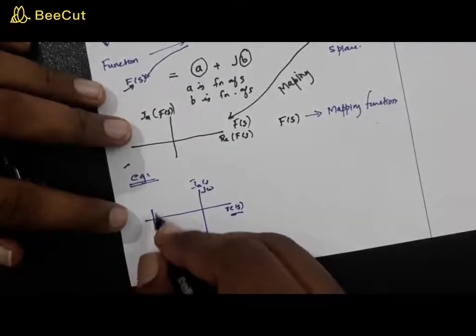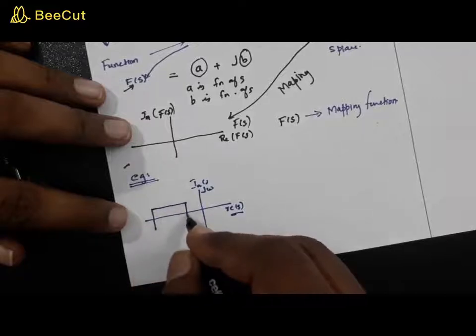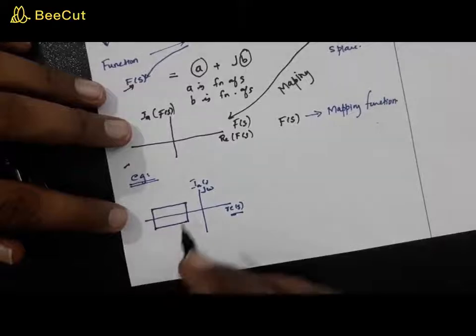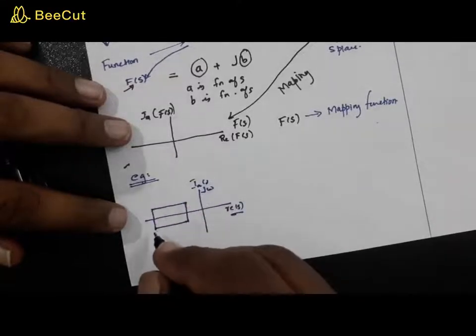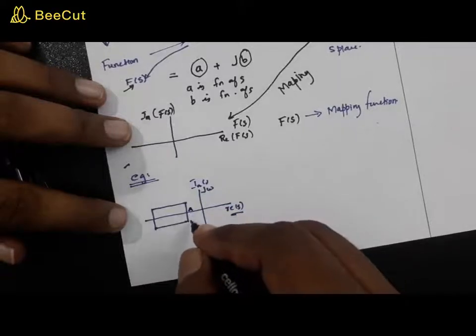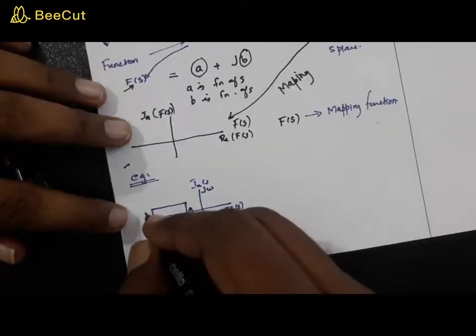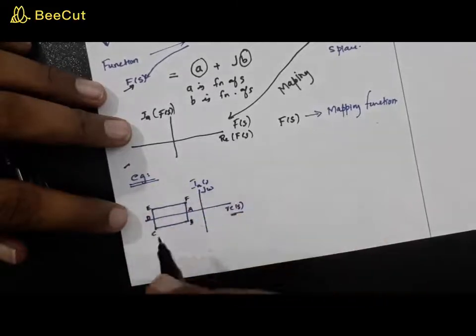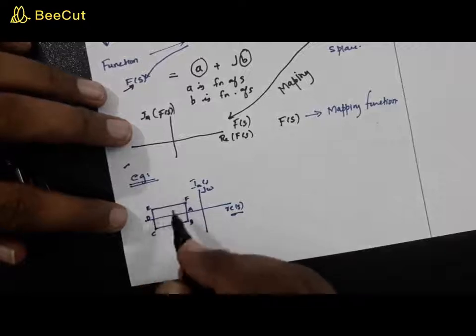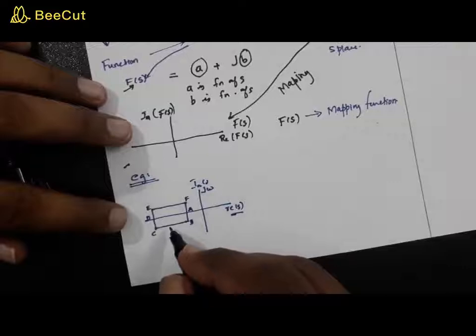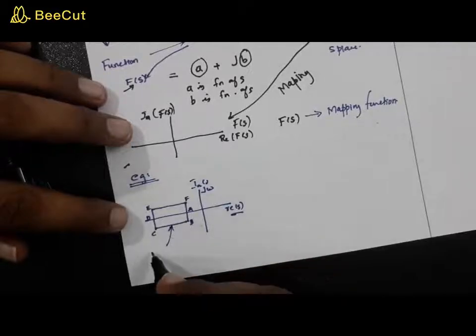I have identified say 6 points close to each other: a, b, c, d, e and f. I have closed this, so this can be called a closed path, or a contour.